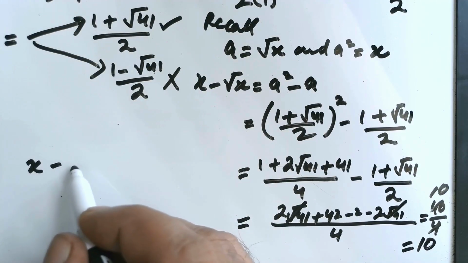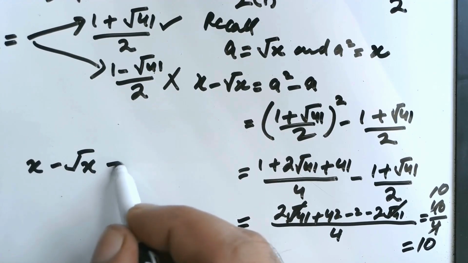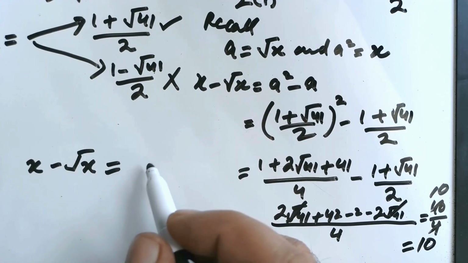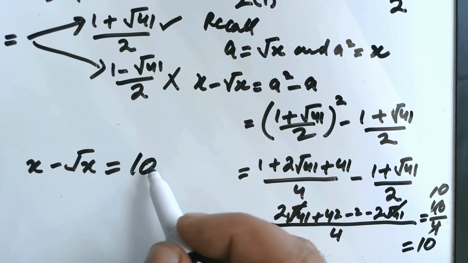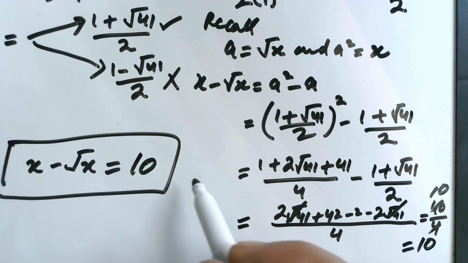Therefore, x minus square root x is 10. That's our answer.